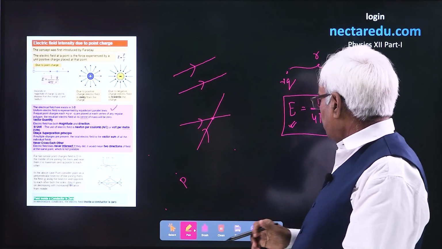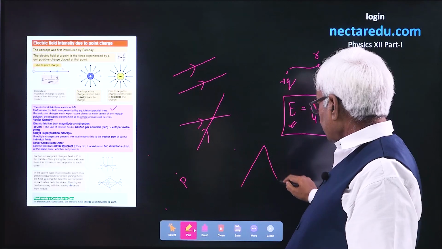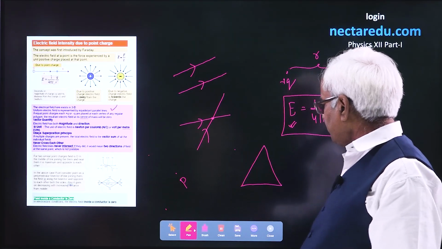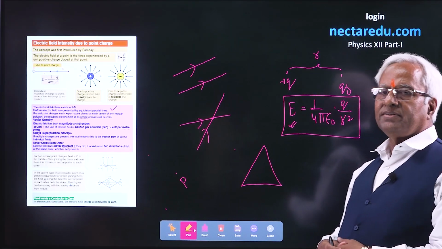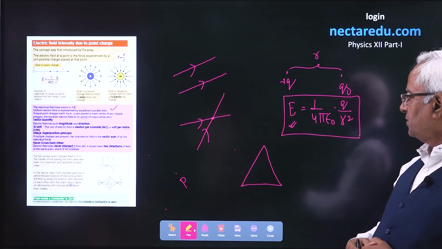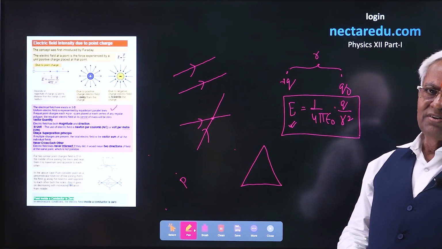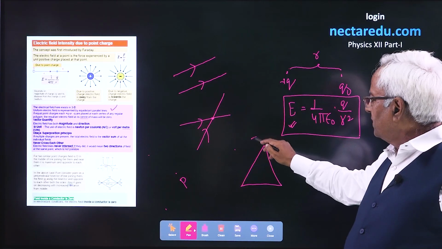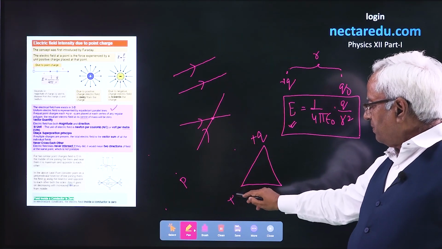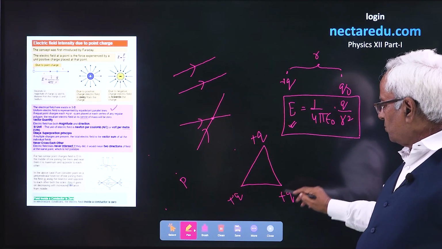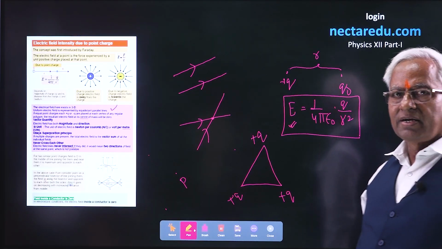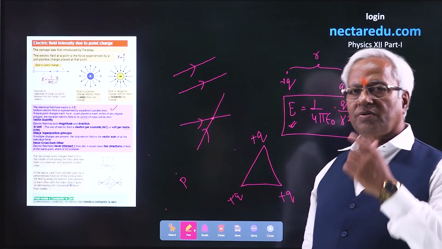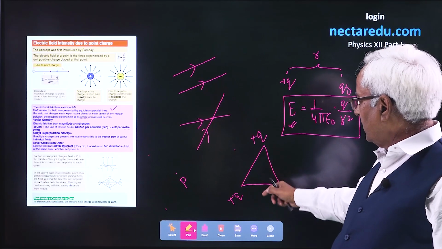One point you have to remember, if say this is a triangle, I will first explain with the help of a triangle, then we'll generalize it for a polygon also. Suppose it is an equilateral triangle and similar charges. It might be plus q, it might be minus q, but all the charges are similar and have been placed at the three vertices of a triangle that is equilateral.